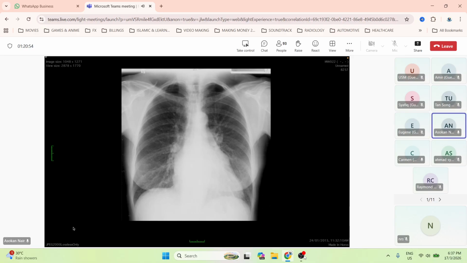And what other sign of atrial enlargement do you see? Splaying of the carina and the double density sign. Oh, there is an enlarged left atrial appendage. So all this points towards an enlarged left atrium.